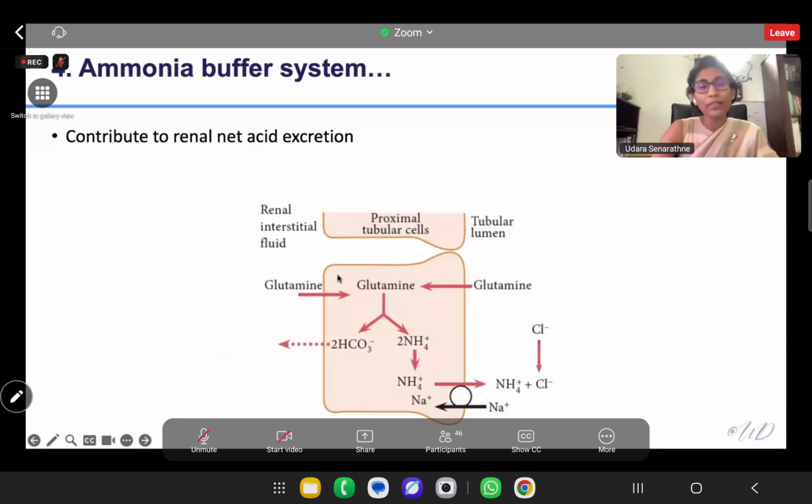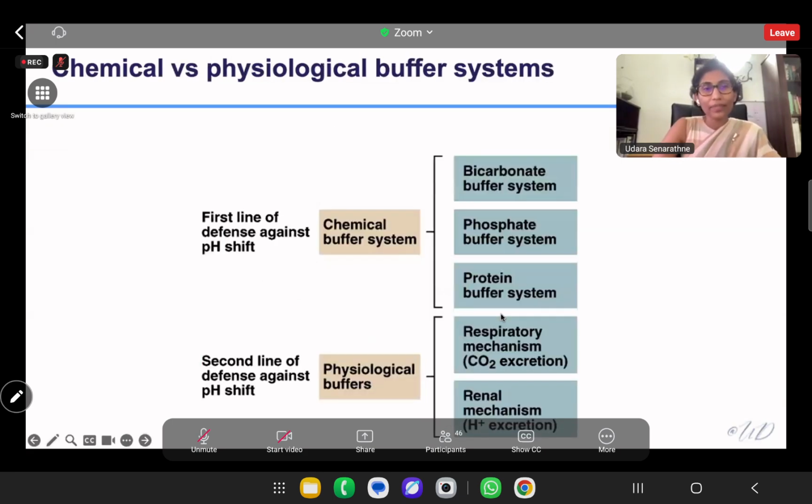And then ammonia buffer, again a major renal or urinary buffer, which will help you excrete more acids by binding with the H plus and forming ammonium ion, and then you can put it out without having so much acidosis in the urine, and you can continue to put the acids out.